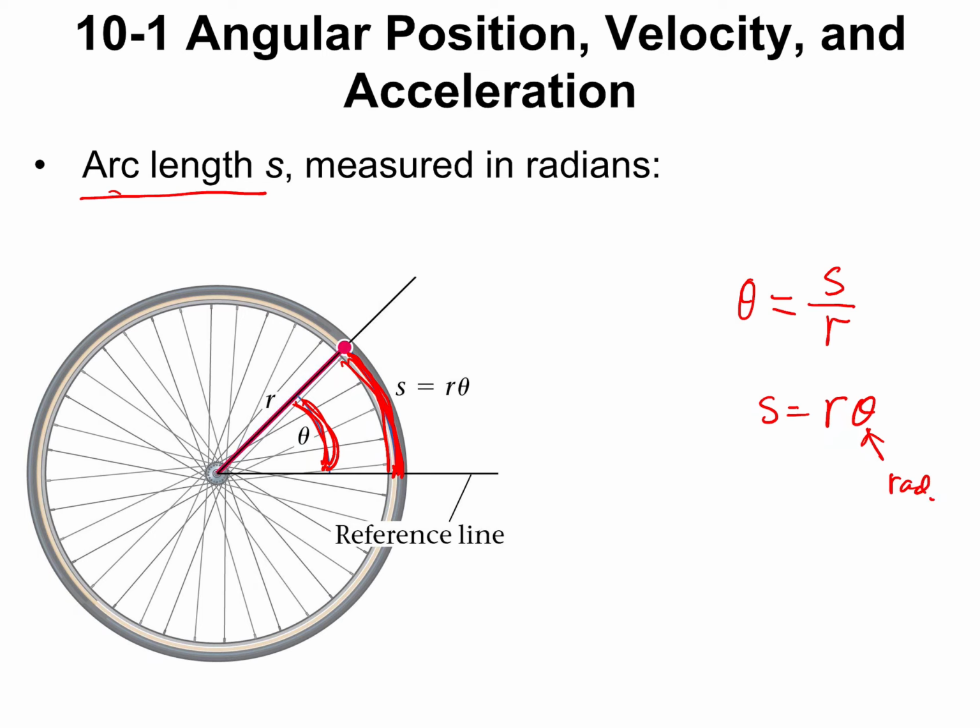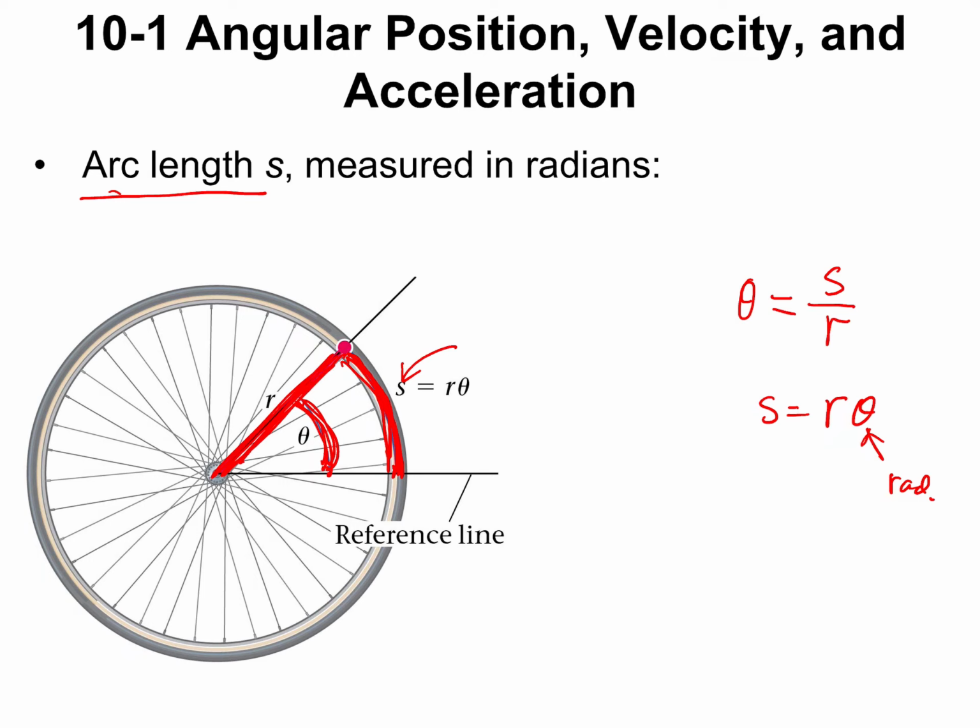Mathematically, if you have this angle and you measure the length of this arc, the arc length divided by this radius is the angle in radians. That is very important.